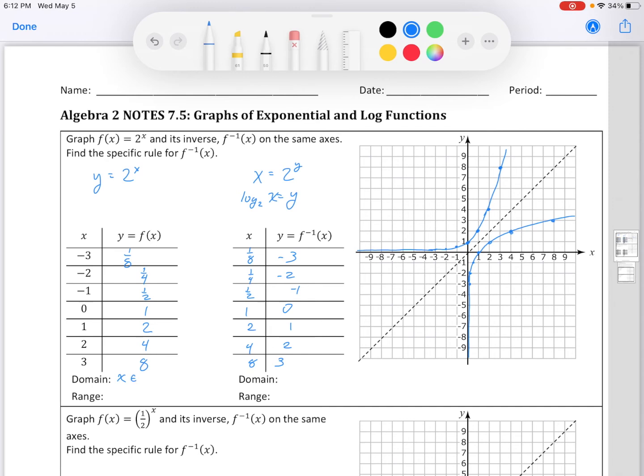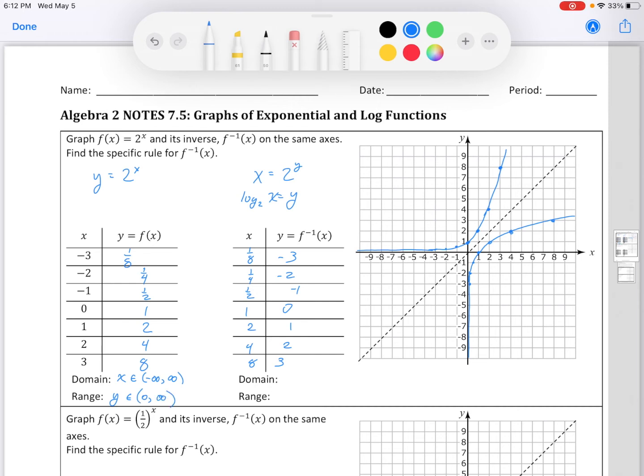So I might write it in interval notation, negative infinity to infinity. But the range is not so easy. The range never reaches 0. The y value will never become 0. But it can grow infinitely large. So the range, the list of y value outputs, could be anything from 0 but never including 0, and to the infinitely large.